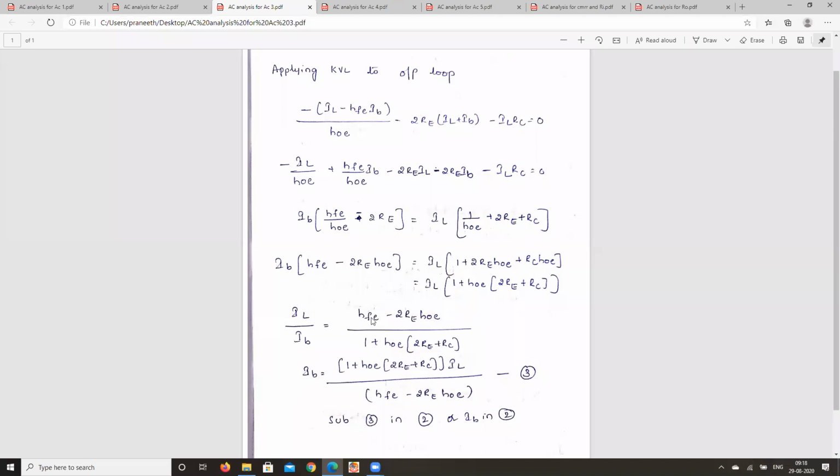And again from this expression I have extracted IB. So IB is nothing but (1 plus HOE into (2RE plus RC)) into IL by (HFE minus 2RE HOE).